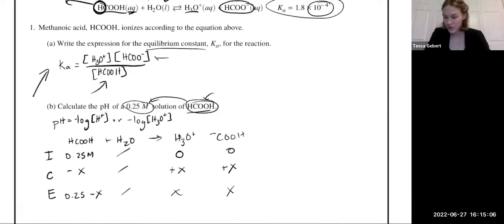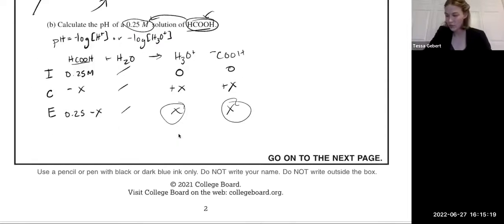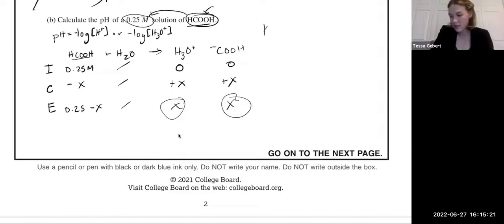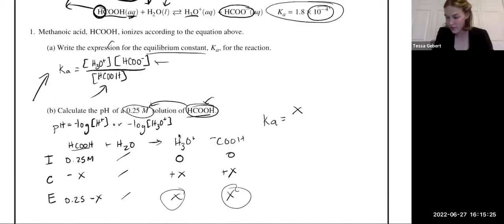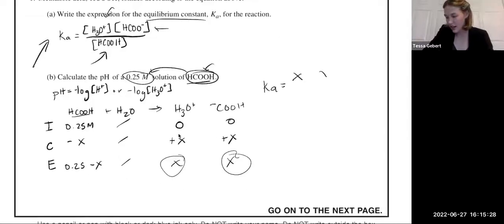So we're dealing with our equilibrium concentration for H3O plus and the conjugate base, and then our equilibrium concentration of the HCOOH, or methanoic acid. So I'm going to write that up here. Ka is going to equal X for the H3O plus and X for the conjugate base over 0.25 minus X.